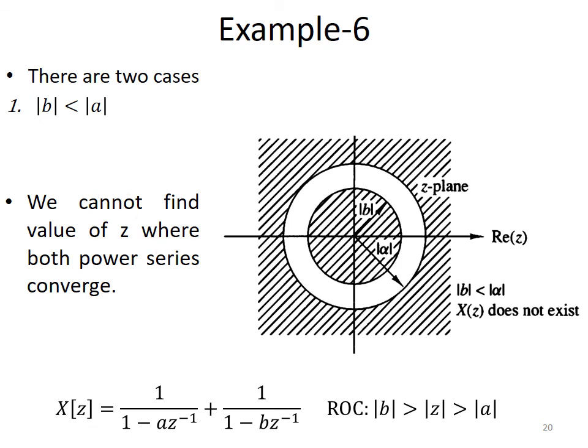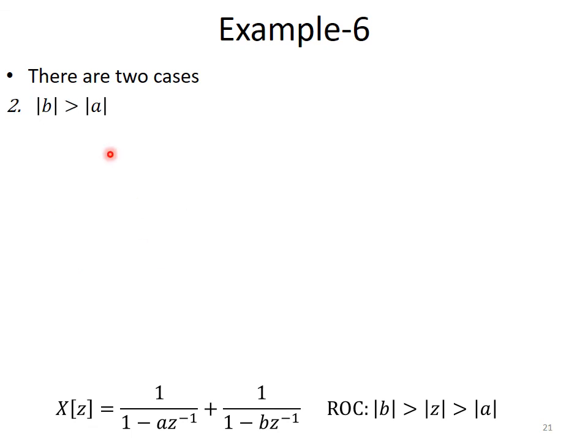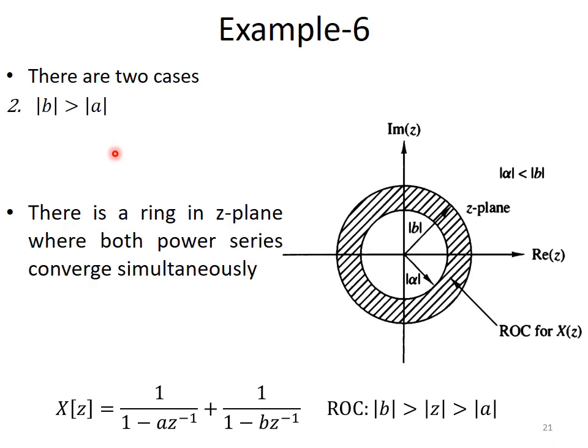Now for the other case, when magnitude of b is greater than magnitude of a, the circle of magnitude b would be larger and the circle having radius a would be the smaller circle.